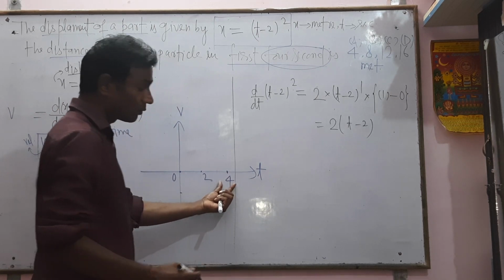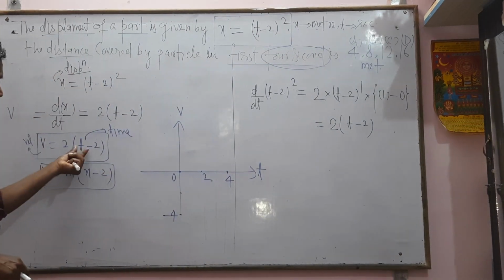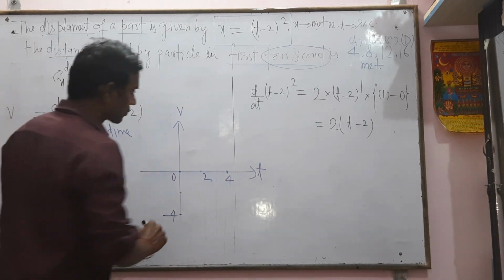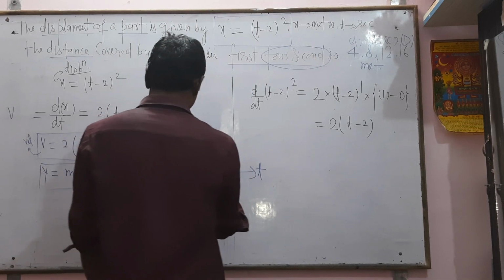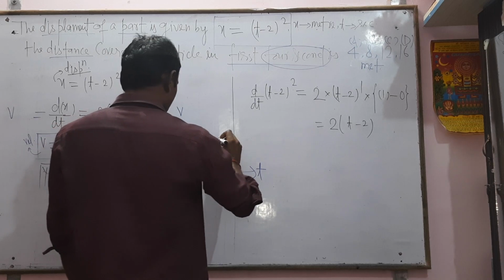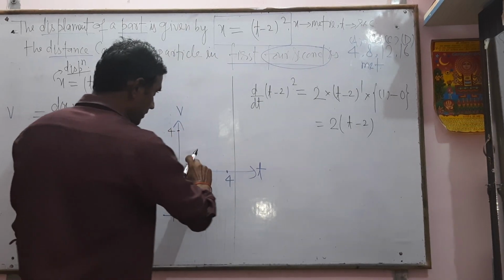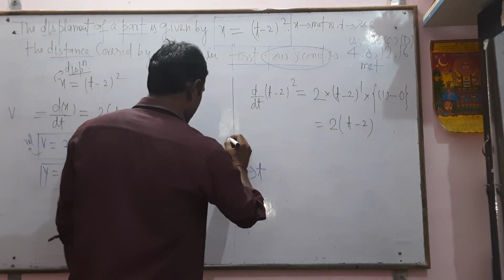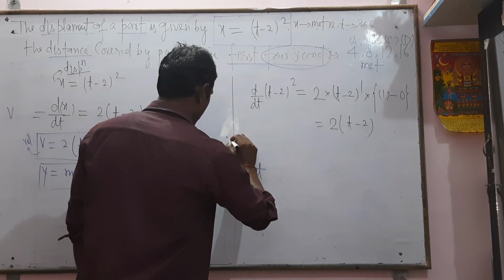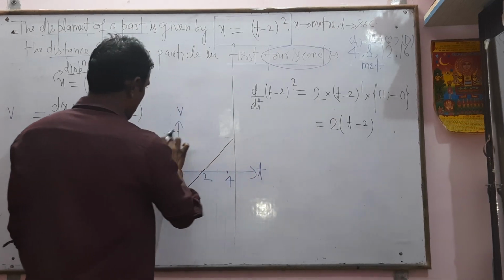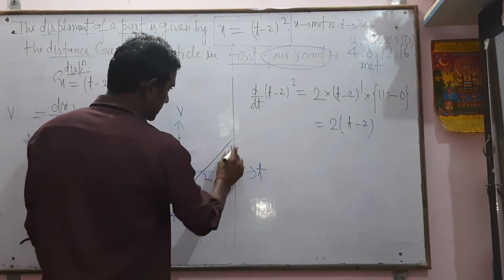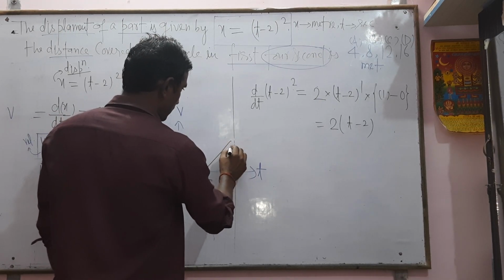At t equals 4, 4 minus 2 equals 2, and 2 into 2 equals 4, so the velocity must be 4. Since this is linear, it must be a straight line. A rough idea of the graph will be this type. This is 4 and this is 4.